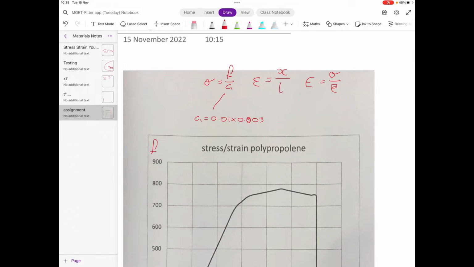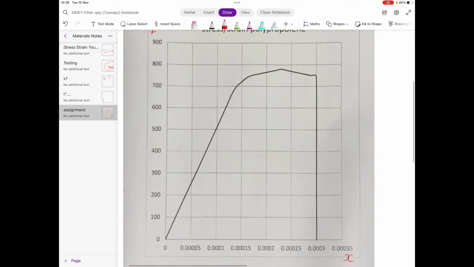And you can calculate area from that. Should be quite a small number. The original length was 200 mil, 0.2 of a metre. So as long as we get the force and area, we can use those to work out stress and strain, and stress divided by strain will give us Young's modulus.